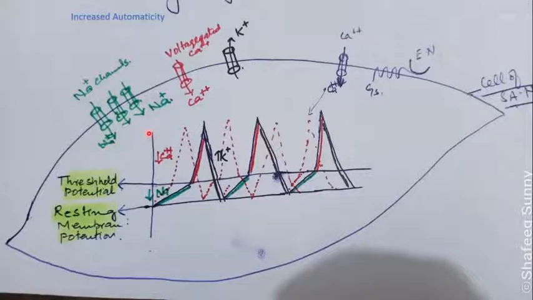When triggered, in the SA node cell the resting membrane potential cannot really rest because of the incoming sodium ions.